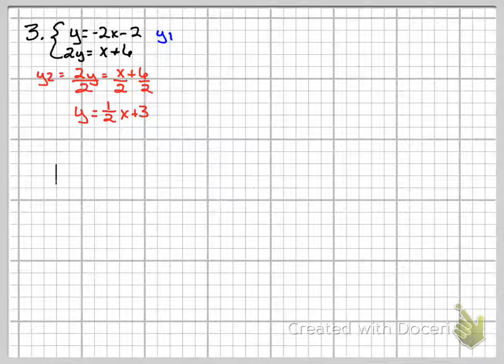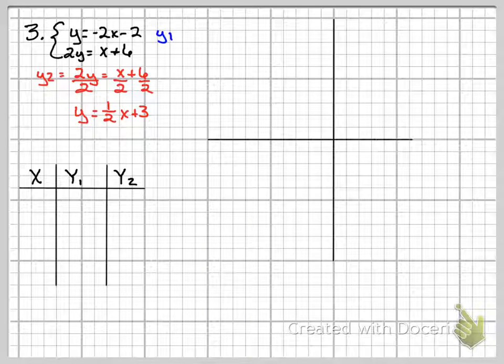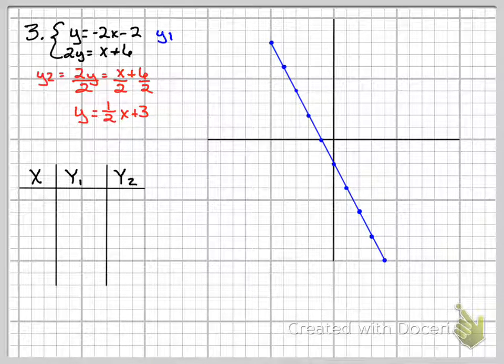Okay, let's graph and do a table. Let's do the graph first here. There we go. Now, pause that a minute. As you saw, we started with our y-intercept at -2 for y1.